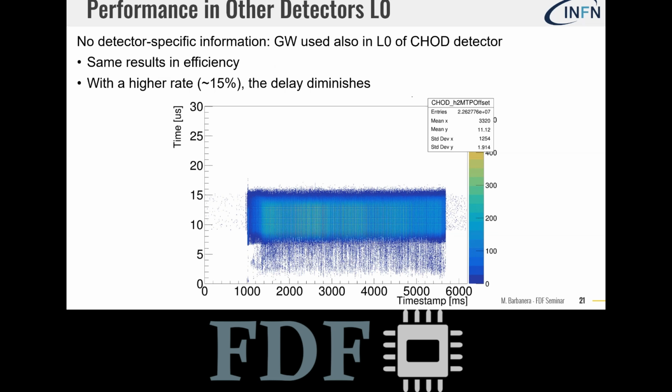But there is also a notable thing here: the SHOT had a higher rate of hits production, and with an increase of 15% in rate, we obtain slightly lower delay, even though it is less stable. Before it was very stable between 2 and 3. Now it goes from 1 to 3, but the delay is lower.